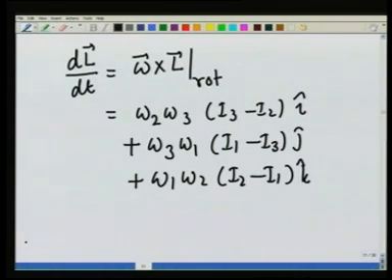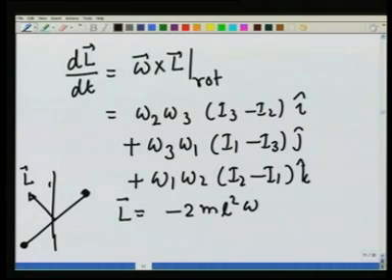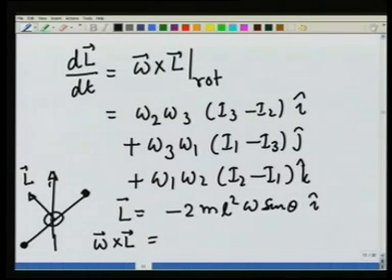And in the case of this rod that we took, L is in this direction. So, at any time L is equal to minus 2 m L square omega sine theta i. Omega is in this direction, so omega cross L, you can see, will come out of the paper in direction 3.